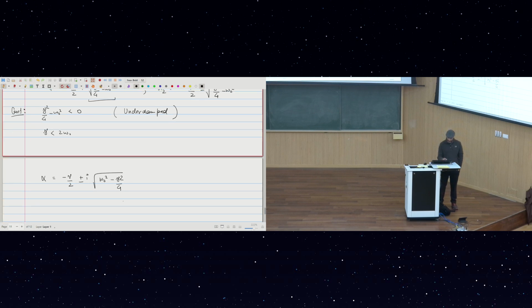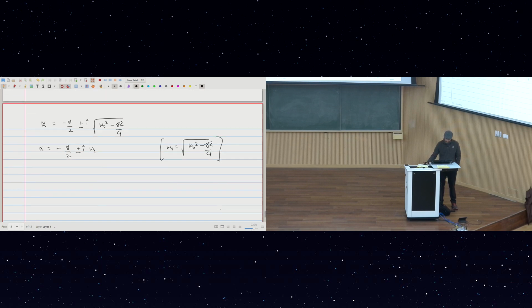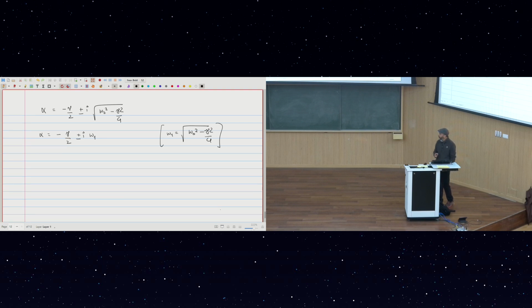So this is the alpha, and whatever is under the square root, we will call it omega 1. Right? So let's write the solution now, the complete solution, Z as a function of time.